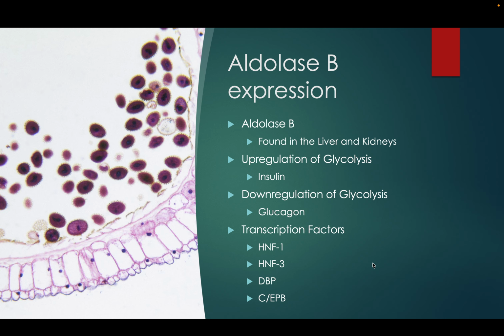In order to help do this, there are enzymes or messengers in the body, like glucagon, that when they're released, help signal that the glycolysis process needs to downregulate in order to make sure that the blood sugar level doesn't drop too quickly.